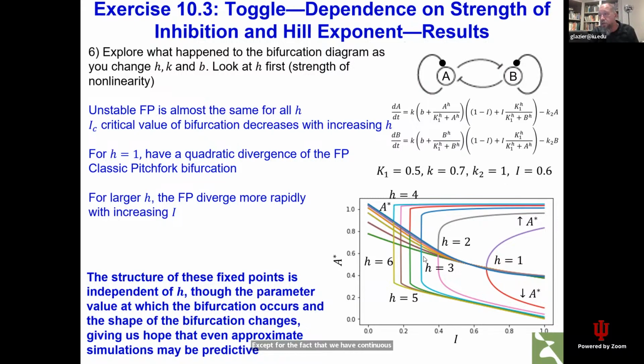On the other hand, if we used H equals 4 or H equals 6, well, the value of I at which the critical value, the bifurcation happens is a little bit different. But fundamentally, if we picked 4 or 6, it wouldn't make a big difference. And so what this is telling us is that even if we don't know all the details, the bifurcation is pretty robust to the details.